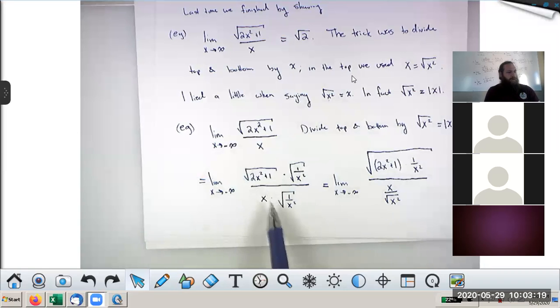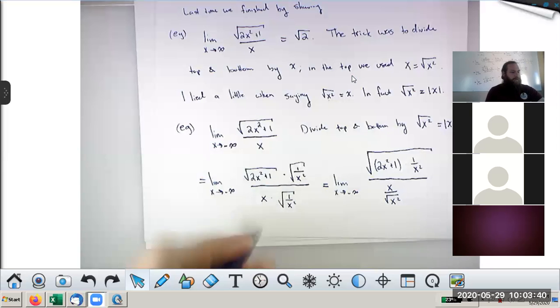So upstairs, I do the same thing that I did at the end of class on Wednesday. And this time, instead of just leaving the downstairs as x divided by x, I'm going to treat it exactly the same way as I treat the numerator. Passing from here to here, the square root of 1 is 1.